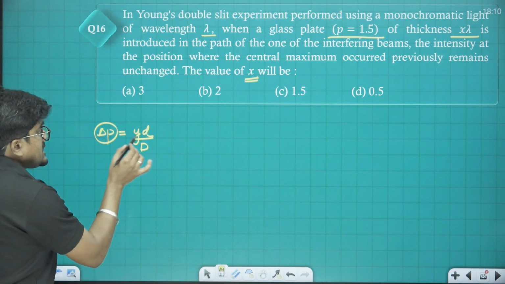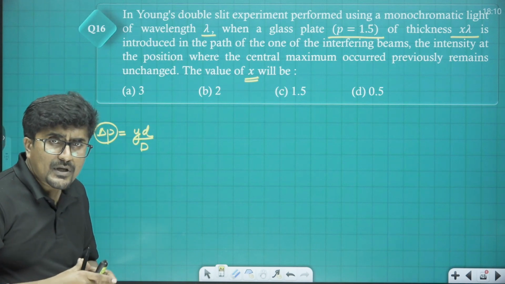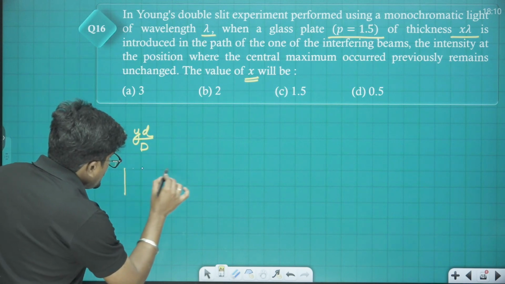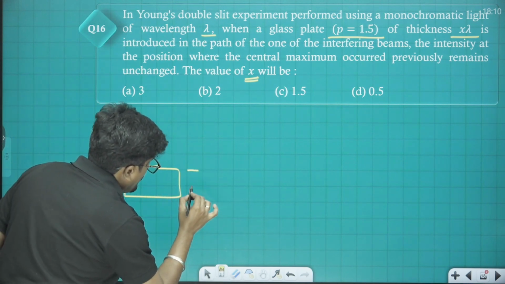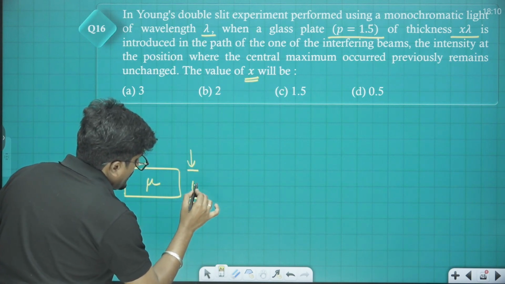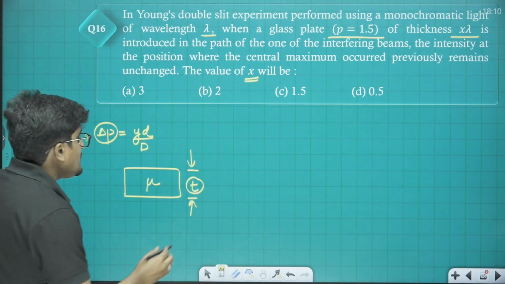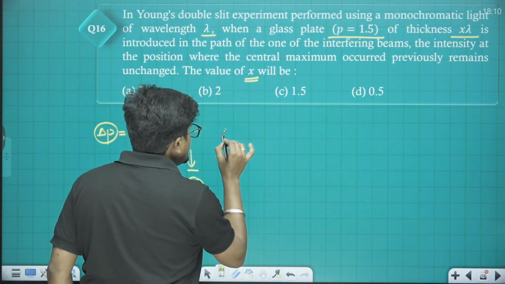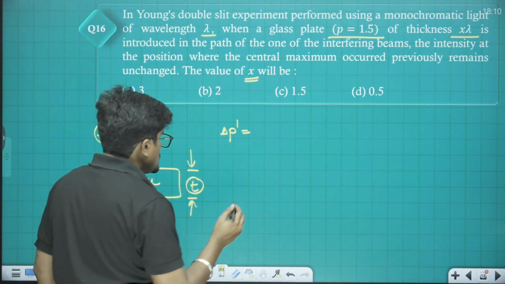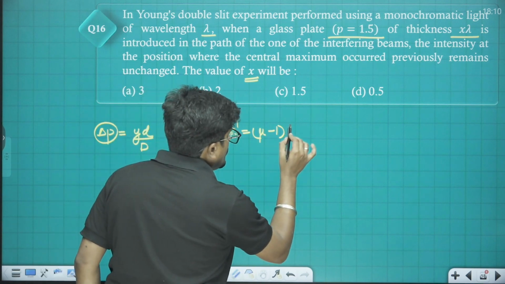So this is the expression for delta P. Now once we introduce a glass plate of refractive index mu and thickness t, there will be an additional path difference, and that path difference created, delta P dash, is mu minus 1 into small letter t.